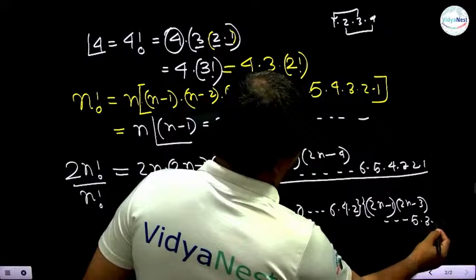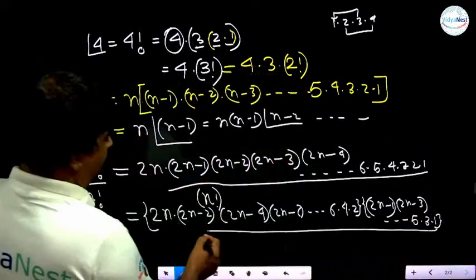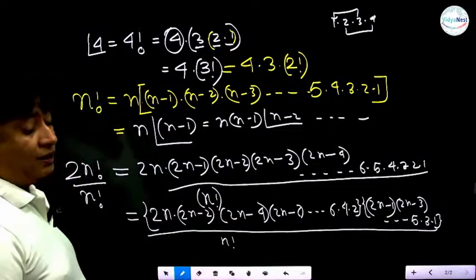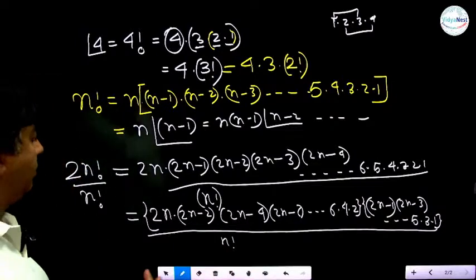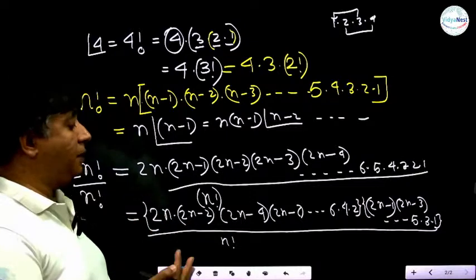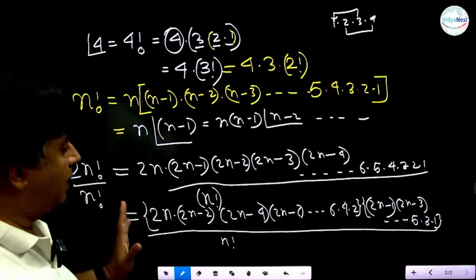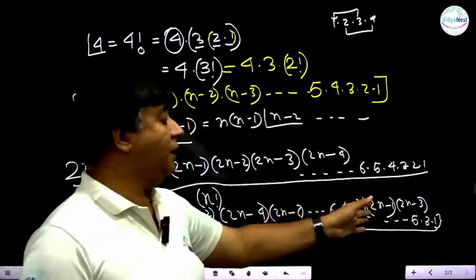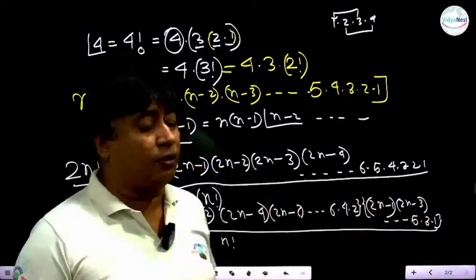Yes, sir. And there will be no change in the denominator. So what more simplification can occur? We have no business with the odd terms now, because from the odd terms we cannot extract anything common.